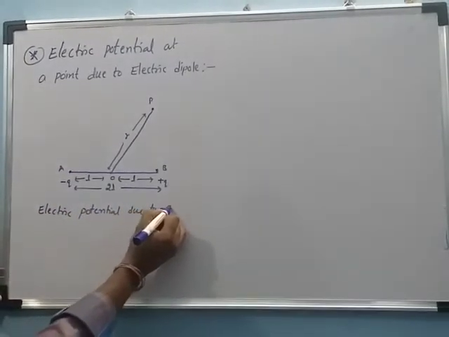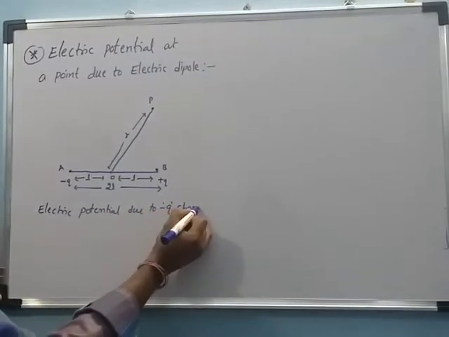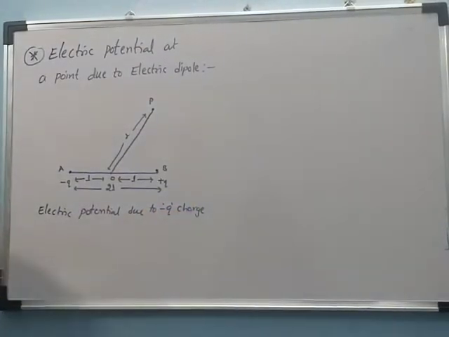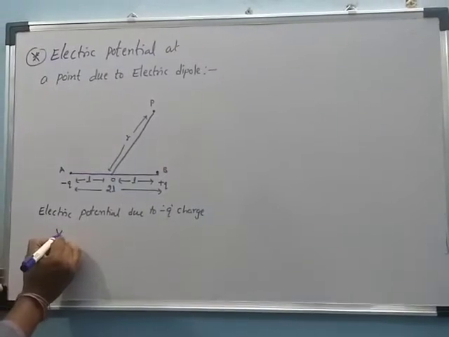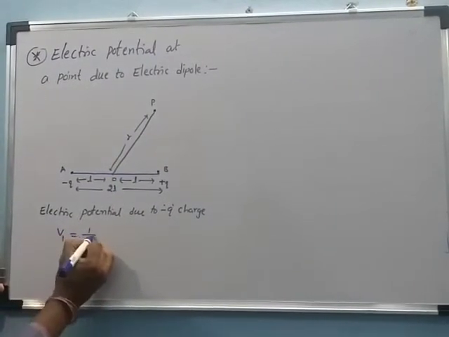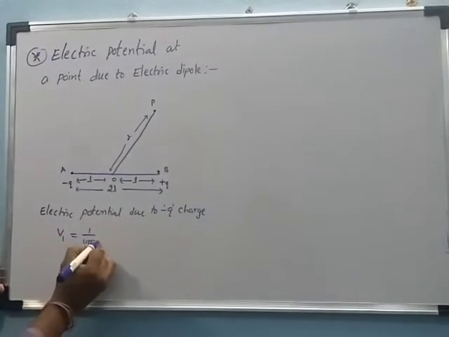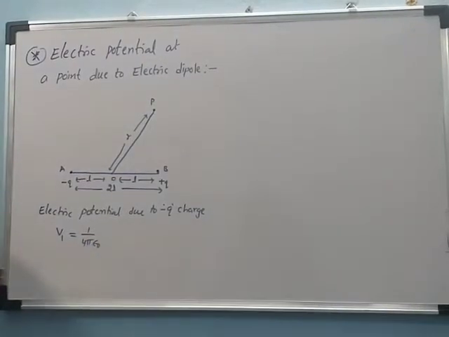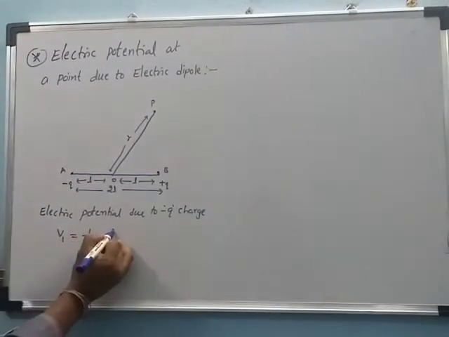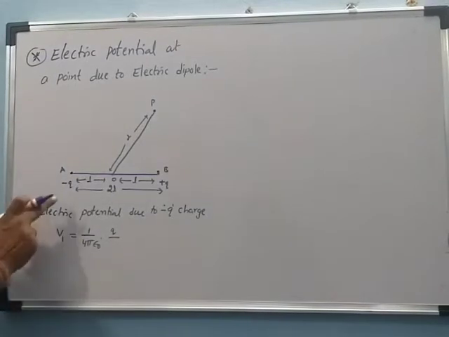Electric potential due to the negative charge. What is the formula? The potential V1 is equal to 1 by 4 pi epsilon naught Q by the distance, where Q is the negative charge.